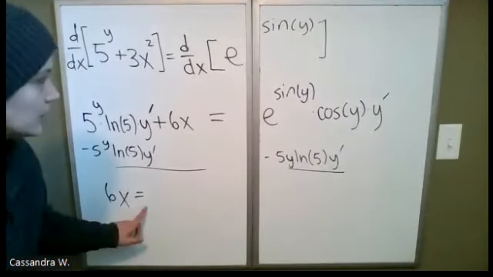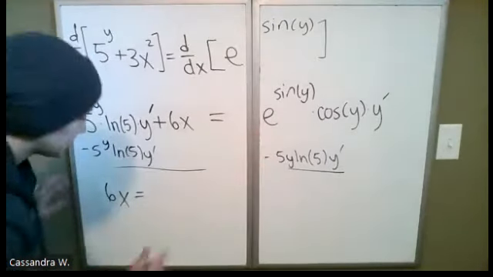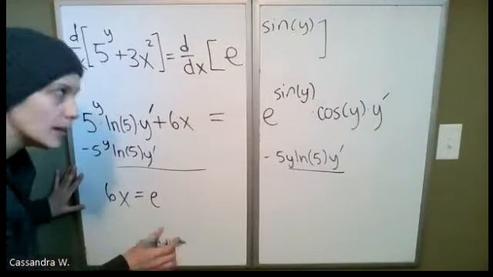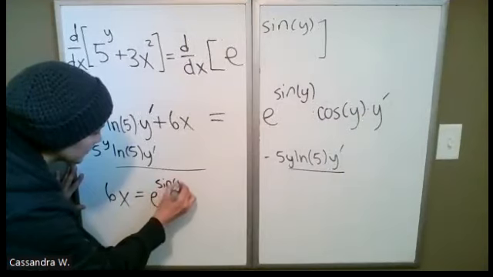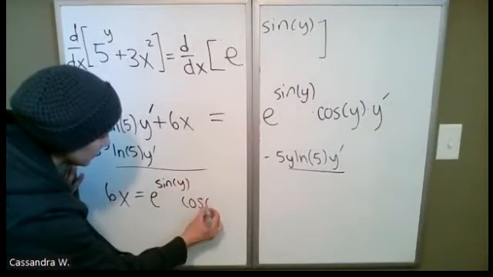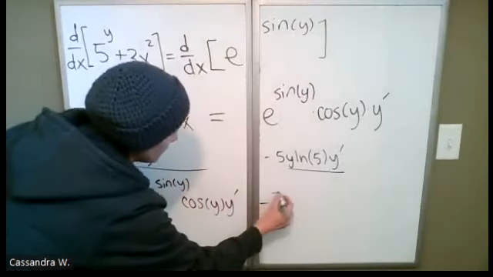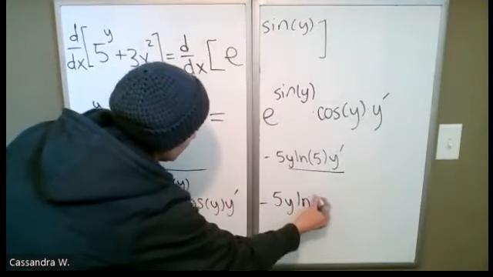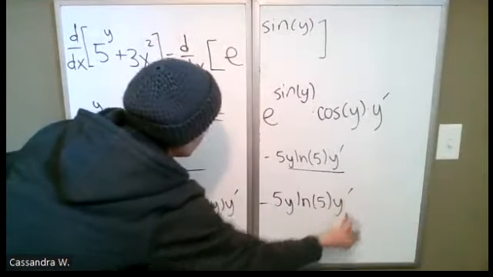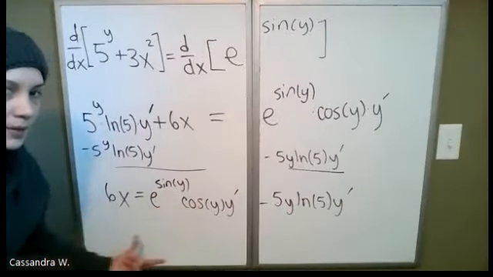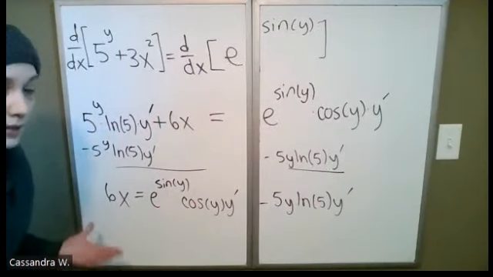We've got 6x equal to this minus this. e to the sine of y, cosine of y times y prime, minus 5 to the y ln of 5 times y prime. Okay. Factor out y prime and then divide both sides by that other factor.